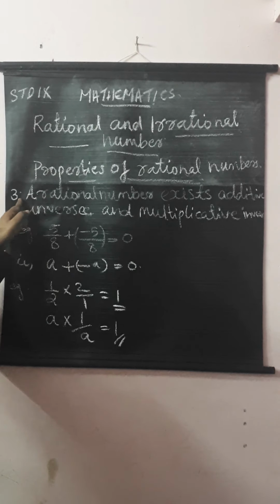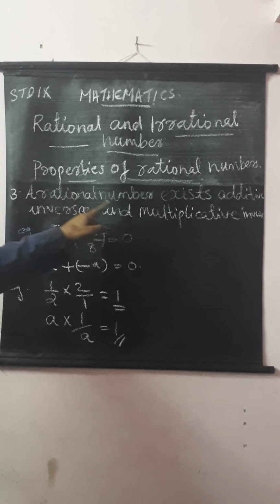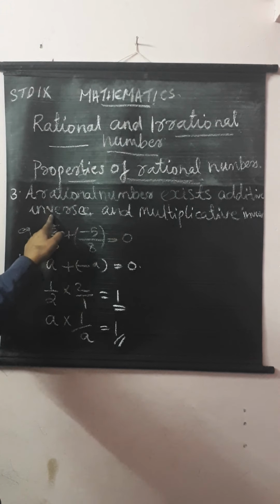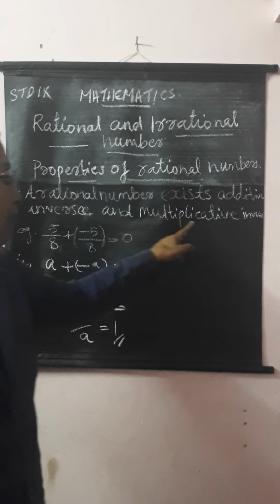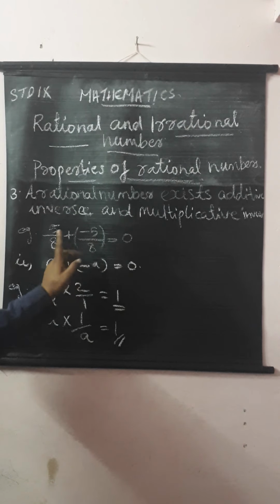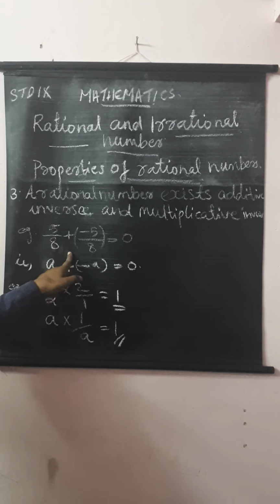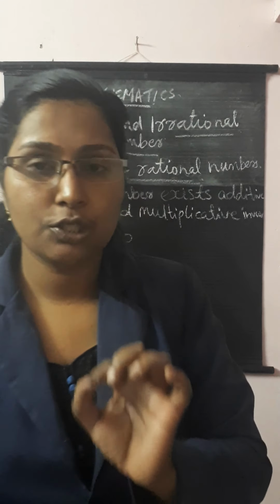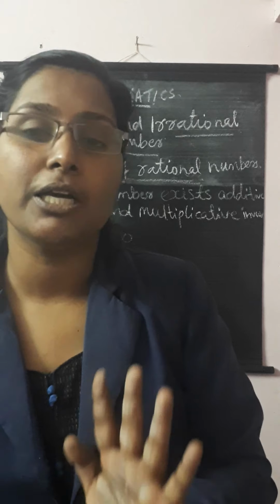The next property is that a rational number has an additive inverse and a multiplicative inverse. What do we mean by additive inverse? Additive inverse means when we add a number to a fraction, the result becomes 0.